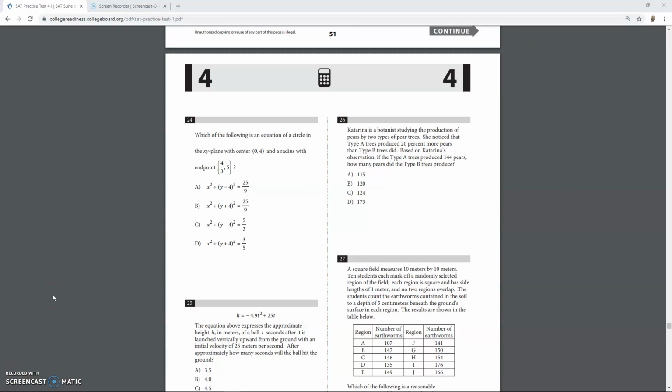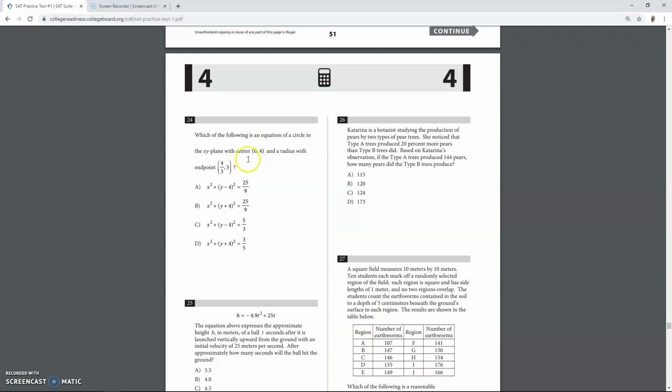Alright, for question 24, we want to know the equation of the circle in the xy plane with center 0, 4. And here, we get it from here, 0, 4. We know the equation for a circle with a center of 0, 4 is x squared plus y minus 4 squared, which will be the answer from A and C. And then we find the radius, because the thing to the right is the square of the radius.